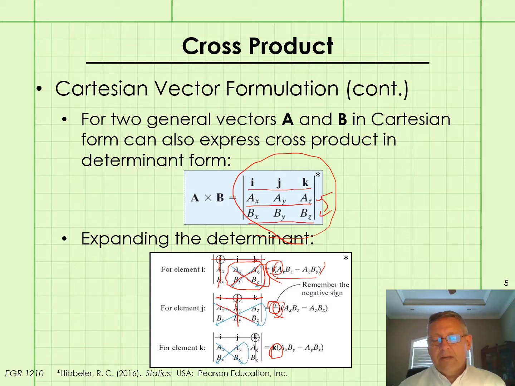We're going to say A sub x times B sub z minus A sub z times B sub x. And again, if you look at the previous slide, that's exactly what we had for the J term on the previous slide. Okay, and then finding the K term is similar here.